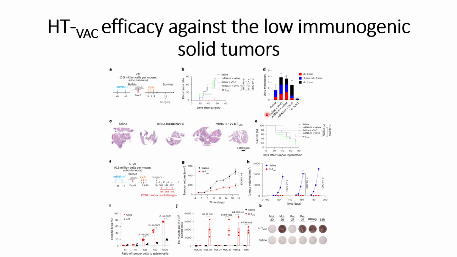Thereafter they also checked the survival rate in the mice model under the different conditions, and they saw that the HT vaccines give the longest survival rate compared to all other cases. Once validating that it works on the breast cancer cells, they did similar studies on the CT26 colon cancer cells.